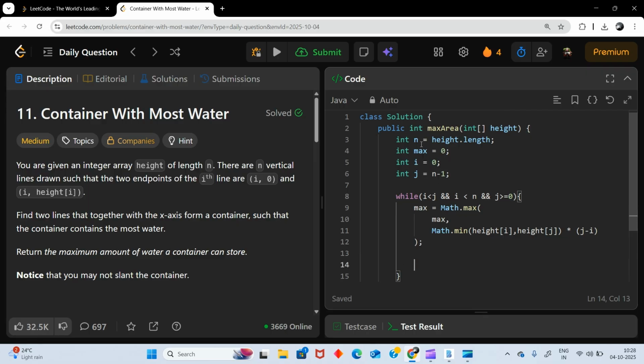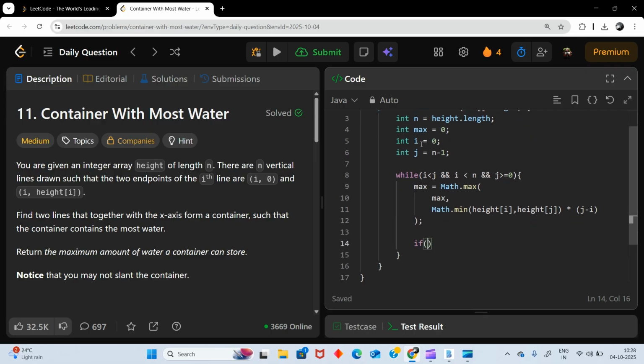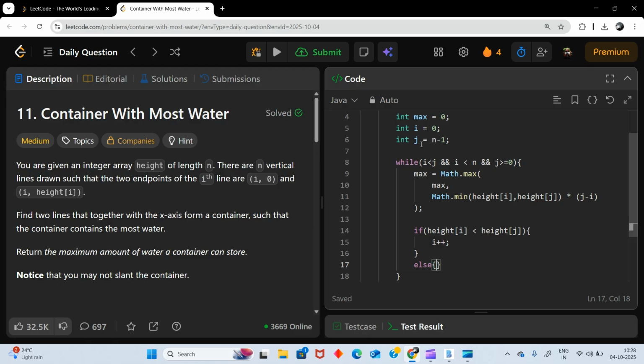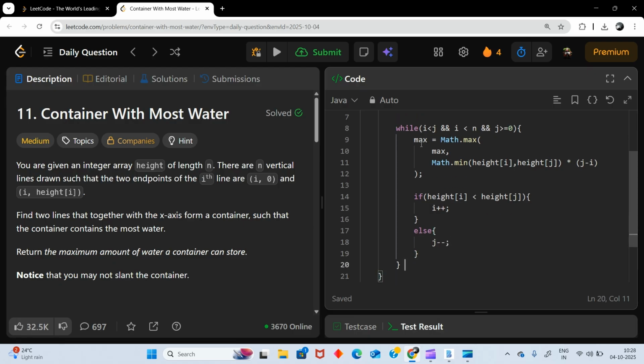Now we have to move front or back based on the value of the height. If height of i is less than height of j, we will move forward, that is i plus plus, to get the maximum value. Else we will go back, j minus minus.